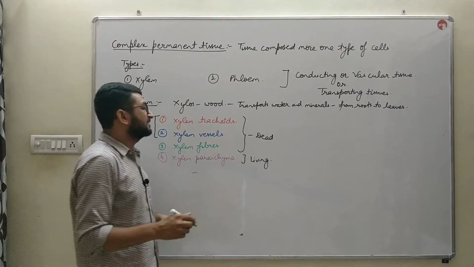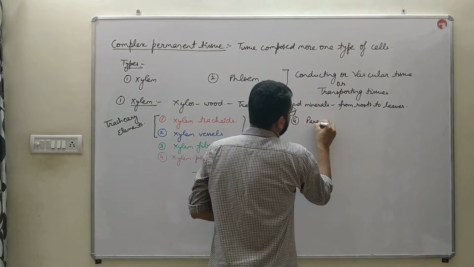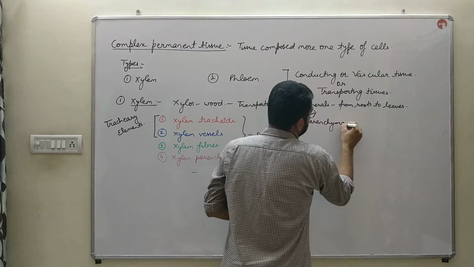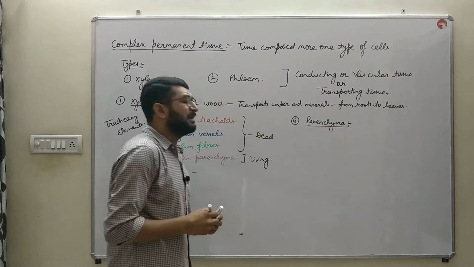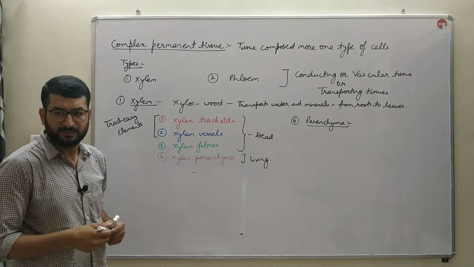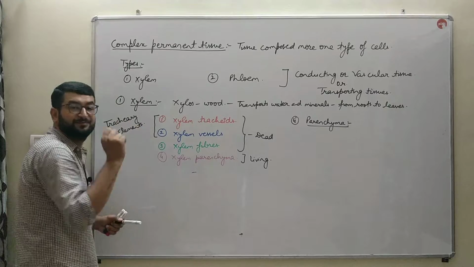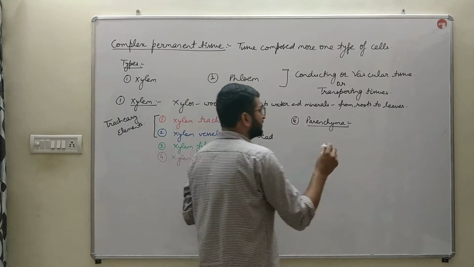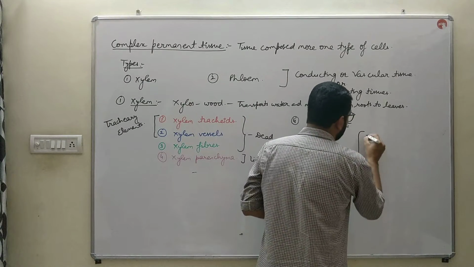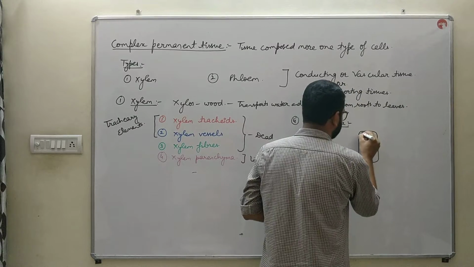The last part of xylem tissue is xylem parenchyma. Parenchyma does not serve the function of transportation. Parenchyma is the only living component of the xylem. It plays the major role of storage of food or materials.